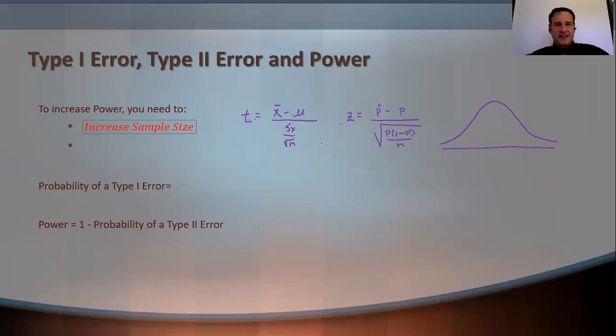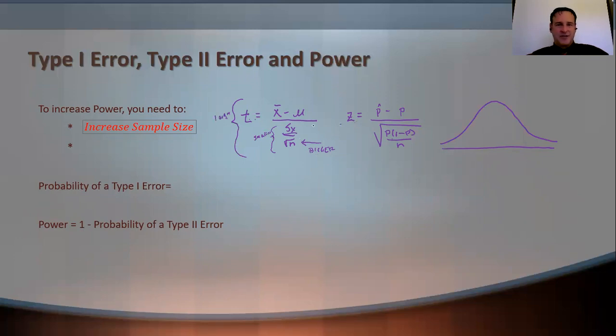And how does that get larger? Well, one way is through the n that's in your denominator. As n gets bigger, this standard error gets smaller.